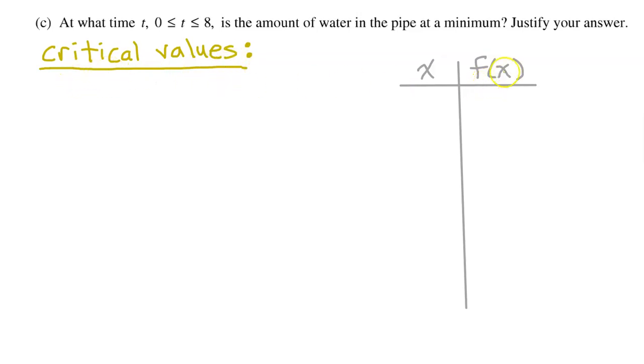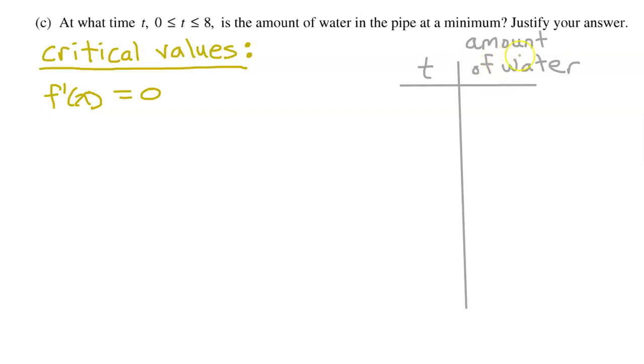You know how when we are trying to find the max or min of f of x, we find the critical values by setting f prime equal to 0. For this problem, we are trying to find the minimum value for the amount of water in the pipe.